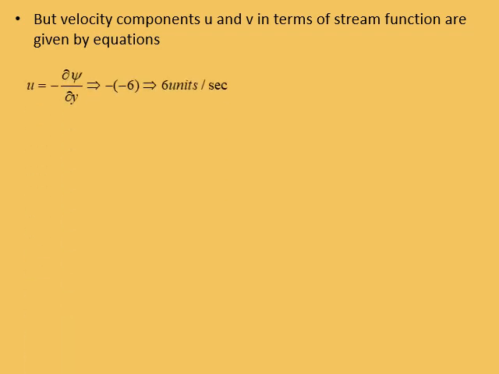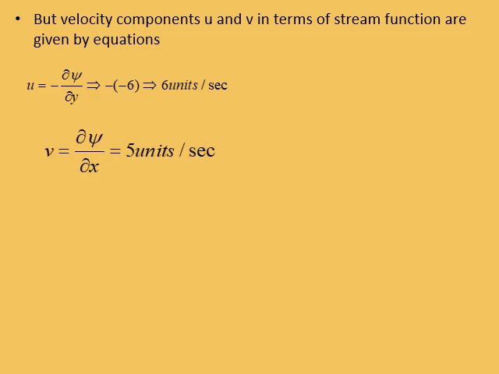So this is the expression u is equal to minus dou xi by dou y. So this is the relation between the velocity component and the stream function. This u is equal to minus dou xi by dou y, so that is equal to minus of minus 6, that is equal to 6 units per second.